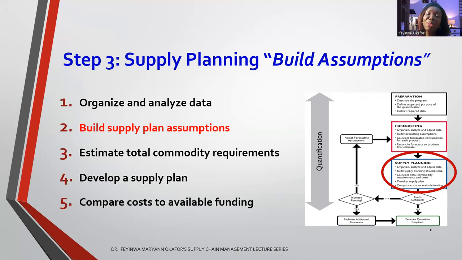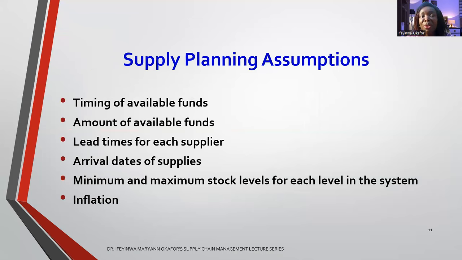Some of the assumptions are timing of available funds, amount of available funds, lead time for each supplier, and arrival date of supplies. You need to build assumptions around these things. You need to know minimum and maximum stock level for each level in the system.